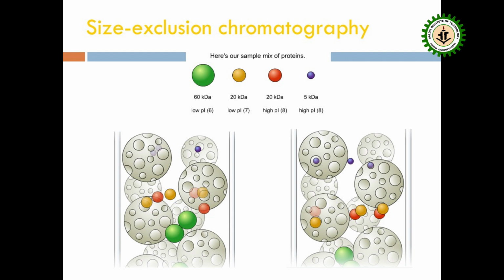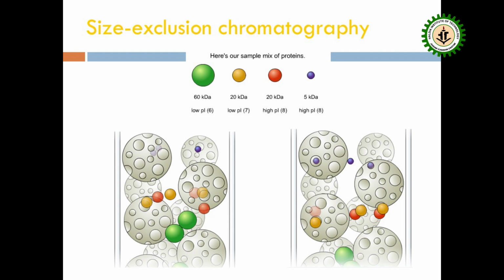Then you see how the proteins are chromatographed through the gel filtration chromatography. The lowest molecular weight protein will be included, trapped much more by the gel filtration media. The intermediate molecular weights will not be trapped as much as the lowest molecular weight protein, 5 kilodalton.